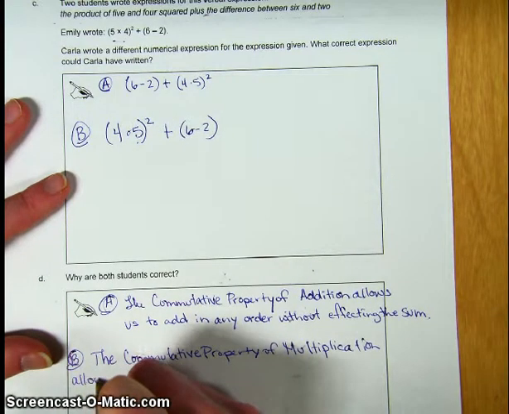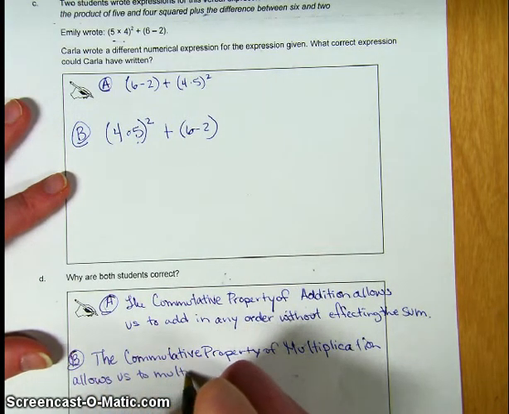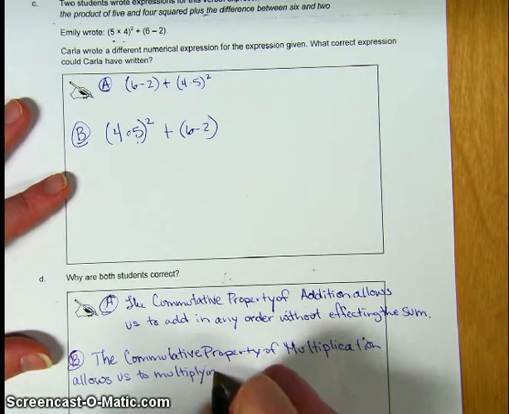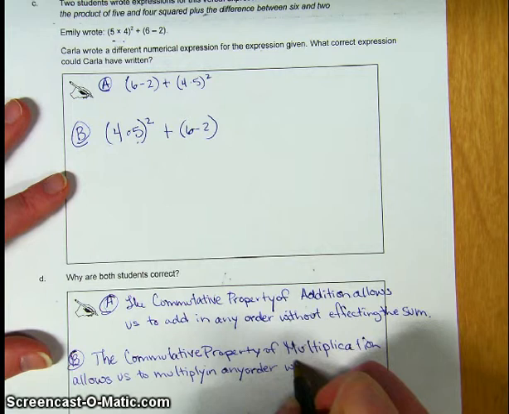It allows us to multiply in any order without affecting the product.